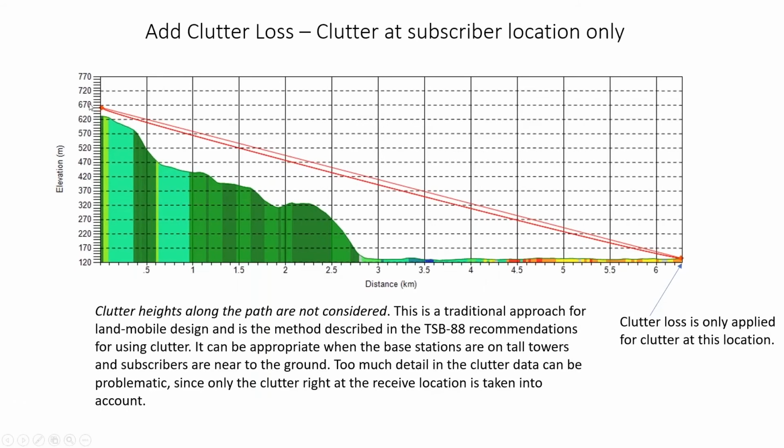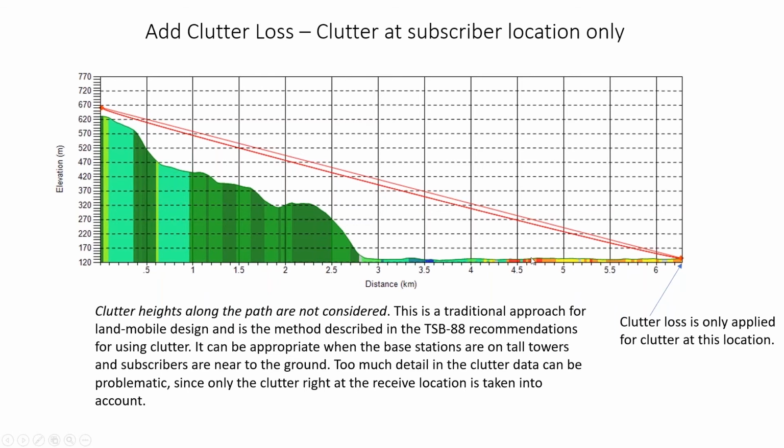This link path here is being calculated with just the add clutter loss option. And so none of the foliage clutter along this hill is going to be considered. We've got line of sight above the terrain, and this hard edge line here you see is actually the terrain elevation. And there's no clutter along this path.